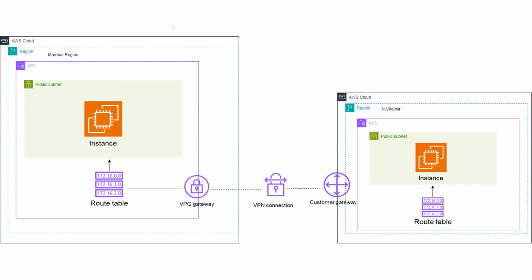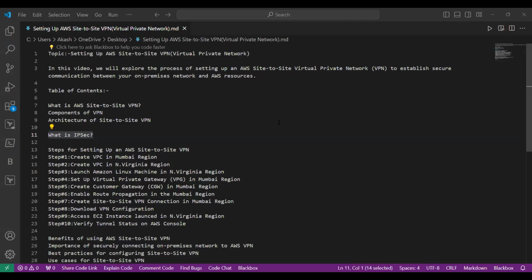Next, we will learn about what IPsec is. IPsec is a network protocol suite used in VPNs to secure data transmission over IP networks. It authenticates and encrypts data packets, ensuring confidentiality, integrity, authentication, and anti-replay.